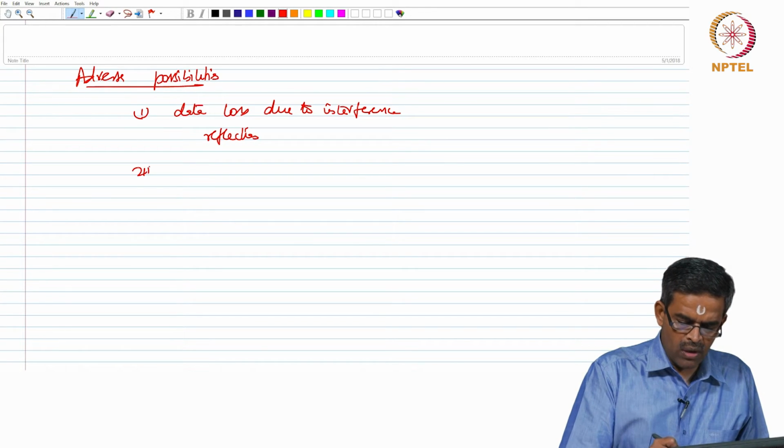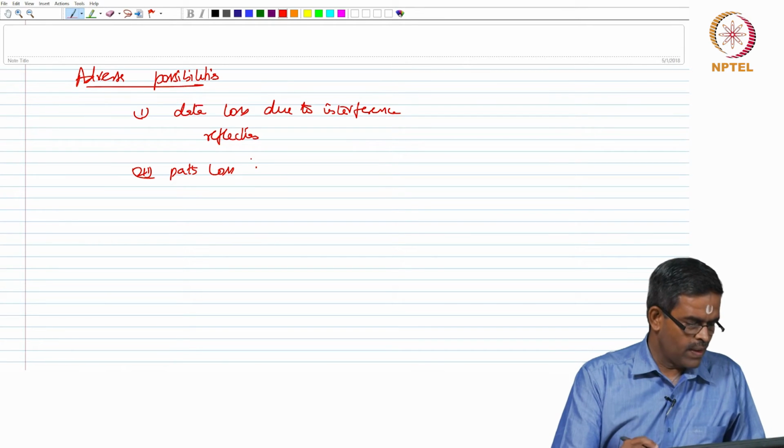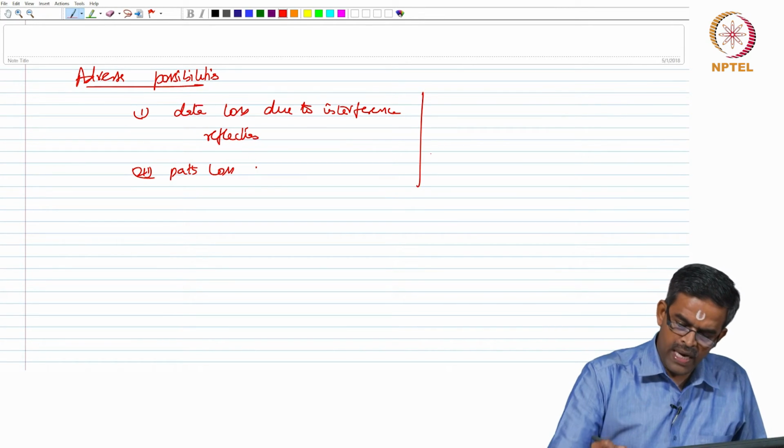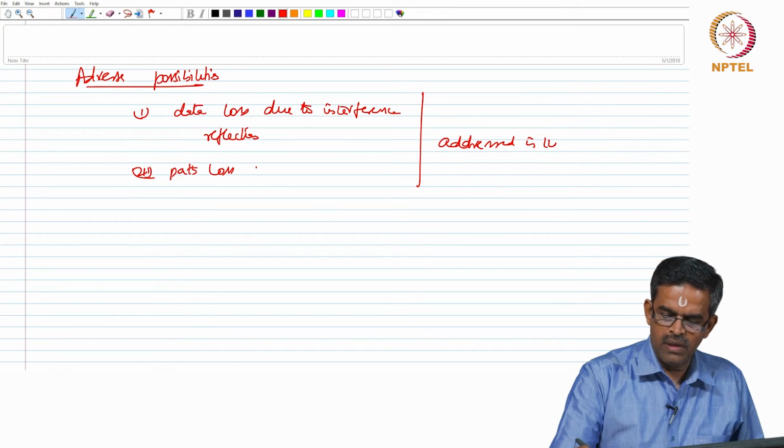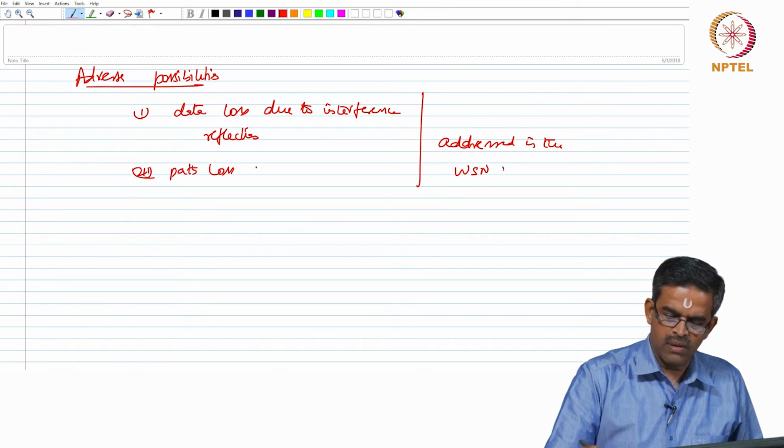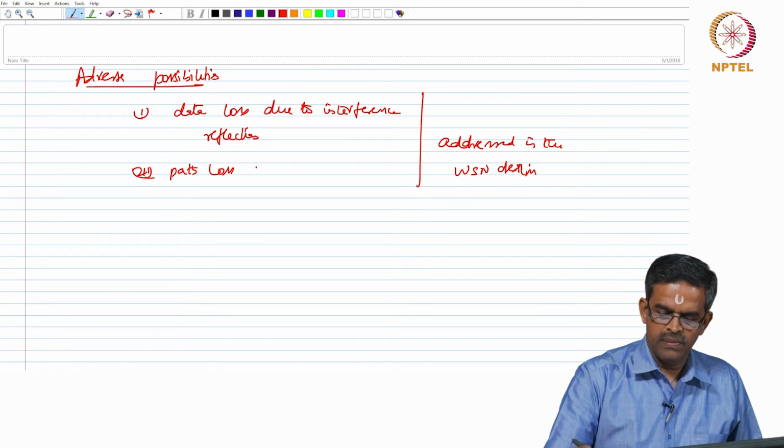It may also sometimes cause a path loss, which needs to be addressed in the wireless sensor network design architecture.